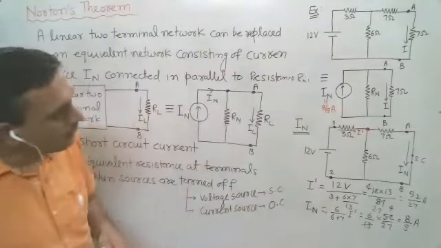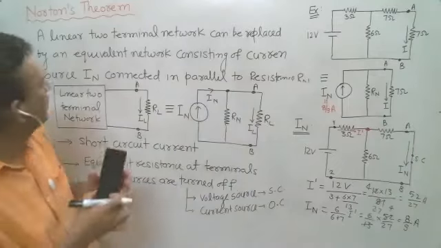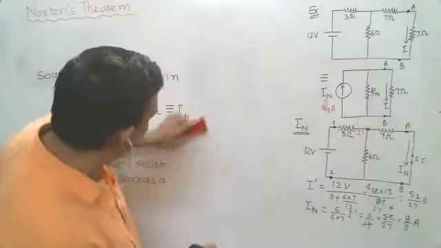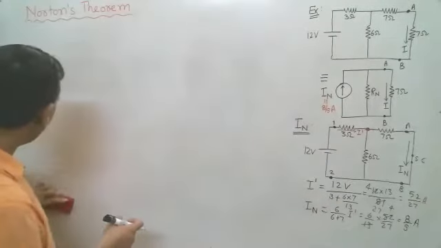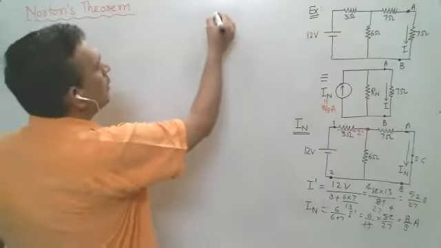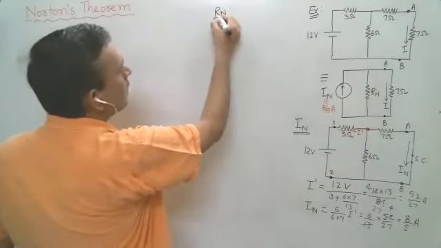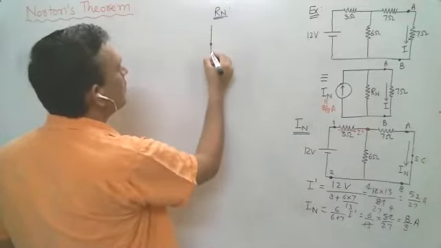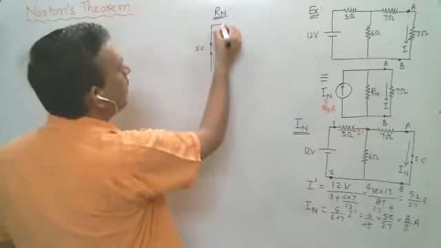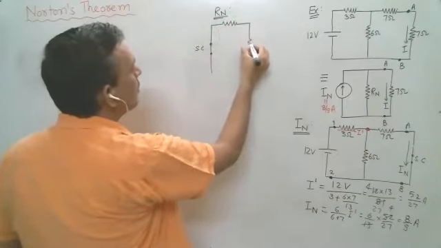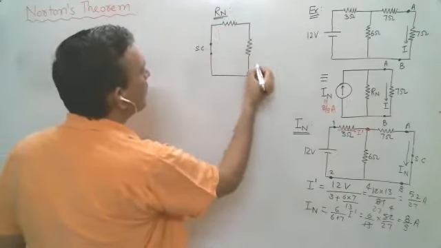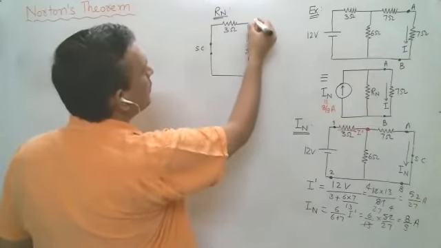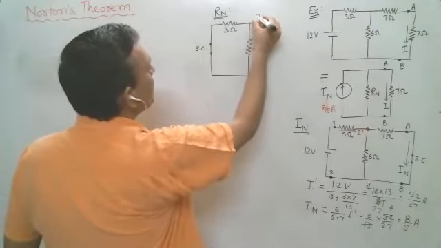And what will be Rn? Rn is similar to RTH. So draw the equivalent for RTH, Rn. In this case, the voltage source is short circuited. This is 3 ohm, this is 6 ohm, this will be 7 ohm.